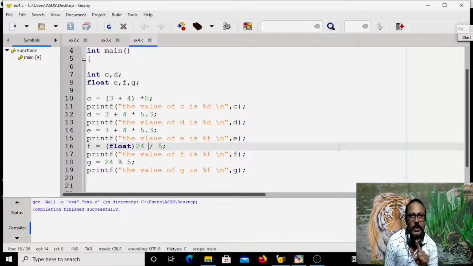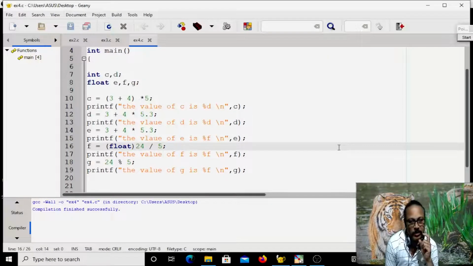And what is this one? Explicit type conversion, or in simple terms, type conversion. Where 24 is actually an integer, I am explicitly converting it into floating point, making it 24.0. That is the syntax to be followed. So we covered implicit and explicit type conversion.